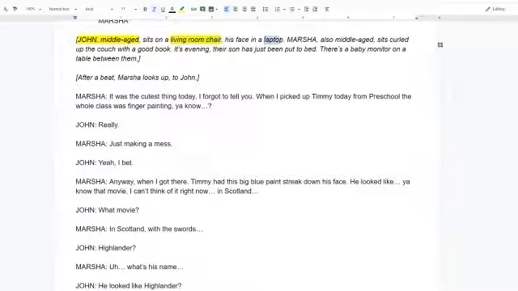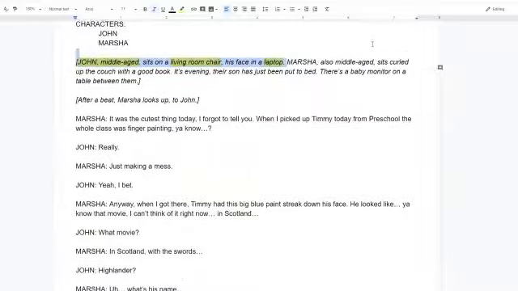You've got a laptop. You've got Marcia, also middle-aged. So these are the sorts of things, depending on which department you are designing for. If you're designing for lighting, the living room chair probably doesn't matter a whole lot for your initial design concept, but the laptop might. You may want to somehow highlight his face in such a way as to reflect the glow of the screen on it.